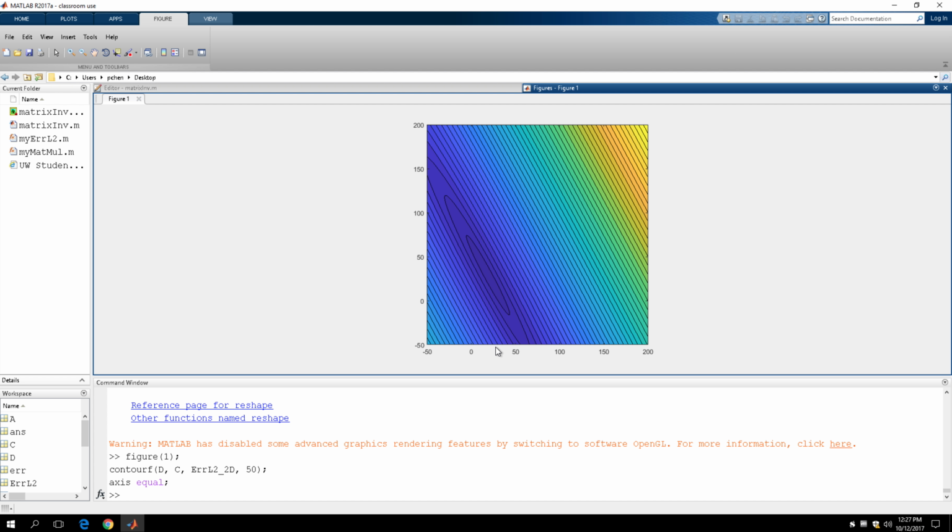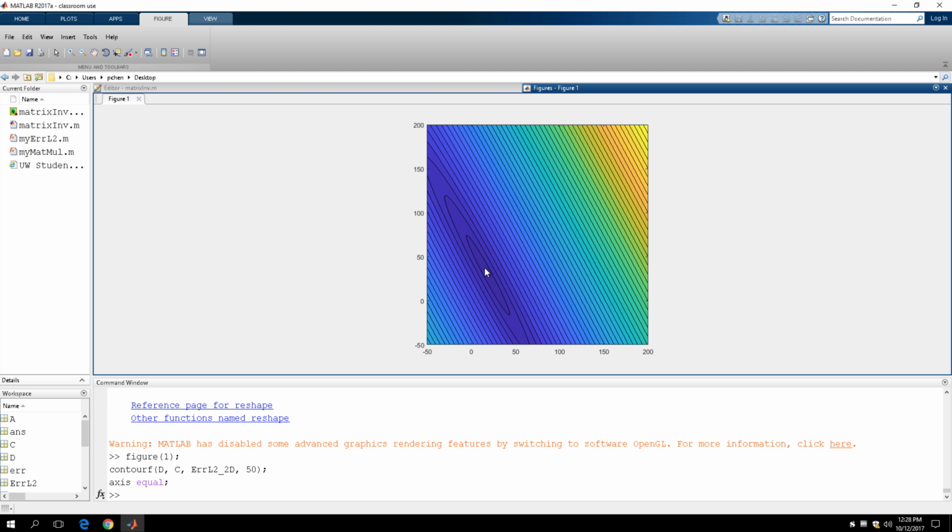Our correct solution is supposed to be 19 dogs, which is probably here, right? And then 29 chickens, which is probably over here, right? The optimal solution, the correct solution, is actually located at a region inside of the contour that has the smallest value, the coldest color, right?